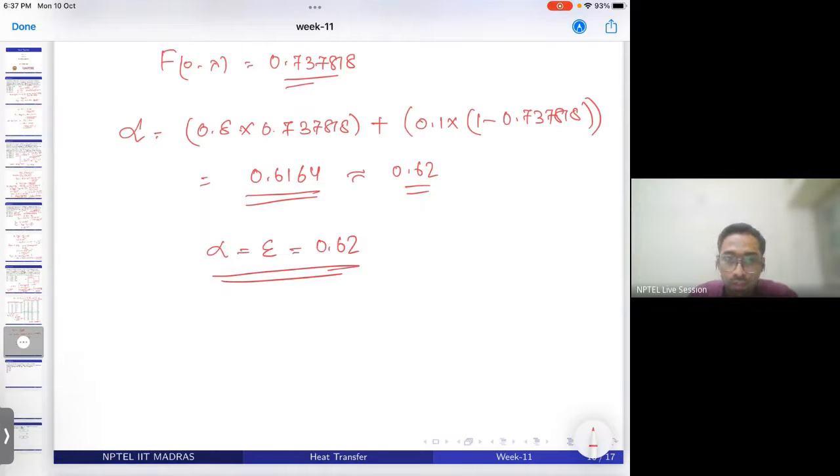That is one condition for using the Kirchhoff law: when both the radiating surface and the surface receiving radiation are at the same temperature, we can use the Kirchhoff law, that is absorptivity is equal to emissivity.